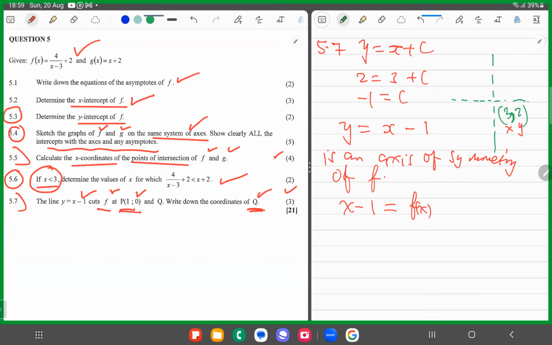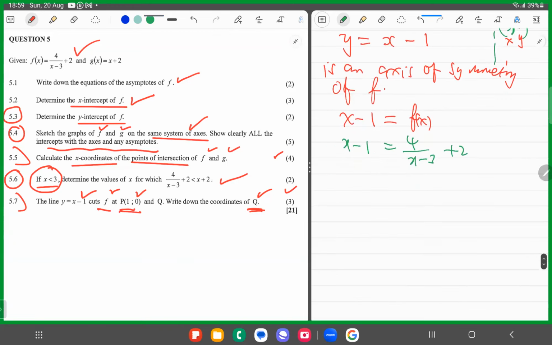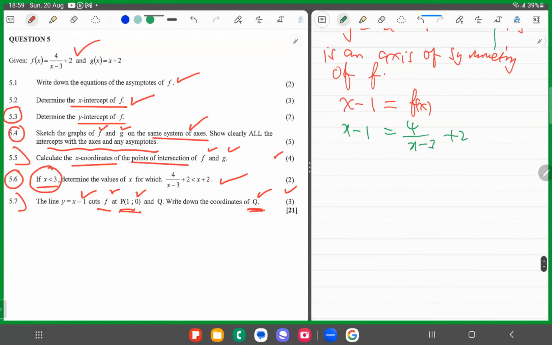The x minus 1 line is equal to the function f, which is 4 divided by x minus 3, plus 2. So you have x minus 3 is equal to 4 over x minus 3.